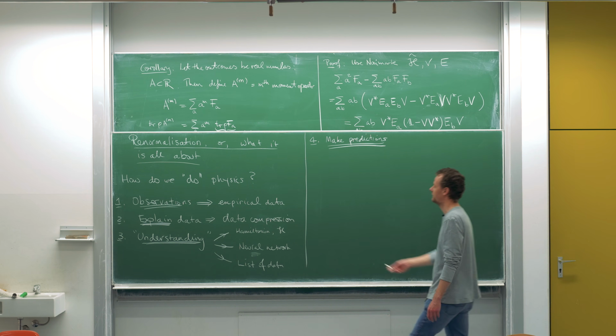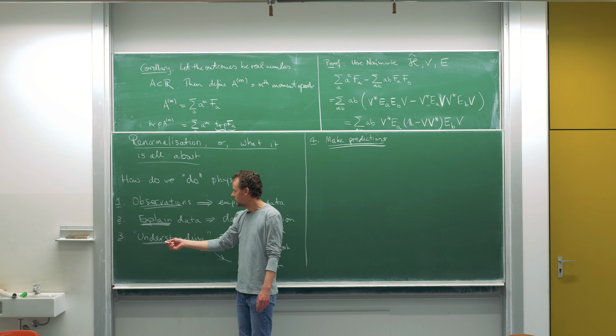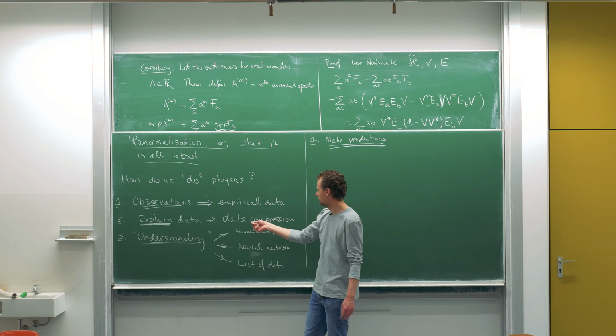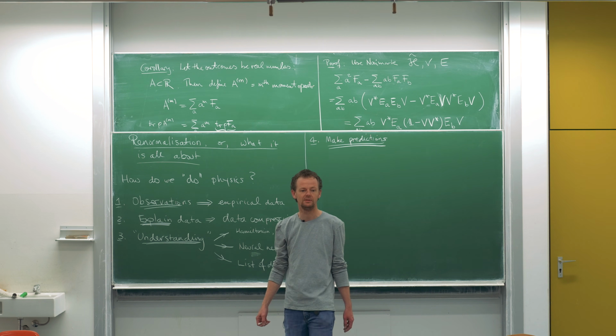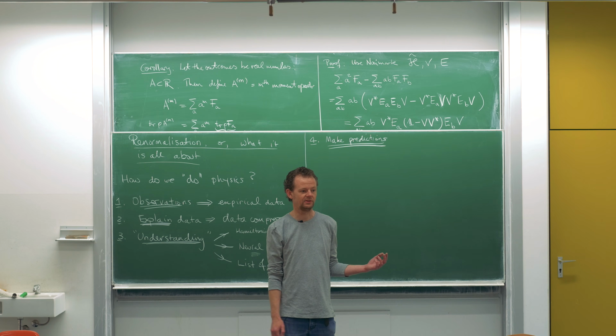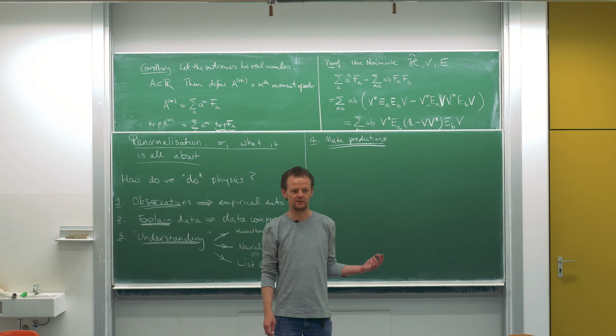So you do some observations, you explain the data, you try and understand the data in some way, be it via data compression all the way through to maybe coming up with a Hamiltonian. And then you try and make predictions. And one prediction is if I stay away from the mountains, then I won't encounter mountain lions.